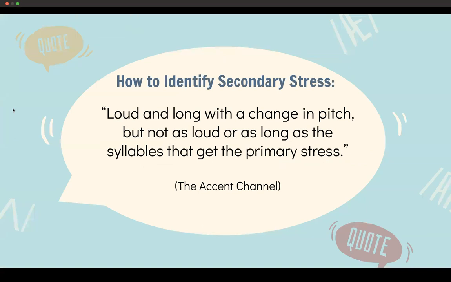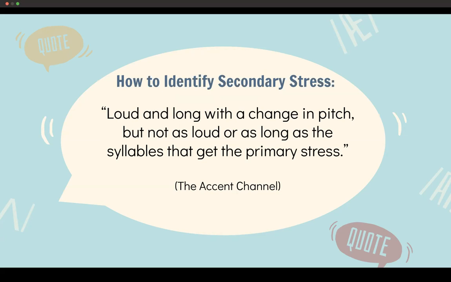Let's transition now into how to identify secondary stress. According to the accent channel, secondary stress is loud and long with a change in pitch, but not as loud or as long as the syllables that get the primary stress. Relating this back to the primarily stressed slide that we previously looked at, the features of loudness, duration, and pitch, the ones that experience the largest differentiation in those would be the primarily stressed syllable.